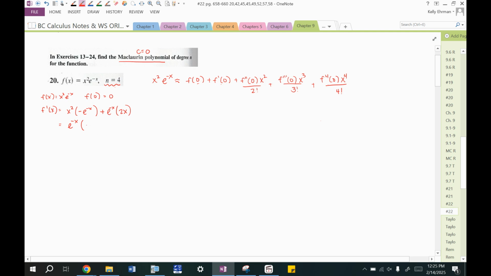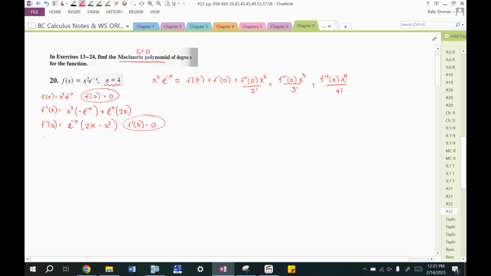So this term would be left with 2x. This term would be minus x squared. So this will be easier to take the derivative of when I'm finished. It's also pretty easy to plug 0 into. So when I plug 0 into here, I get e to the 0 times 0. So that also comes out to 0. So the first two terms are 0 here.